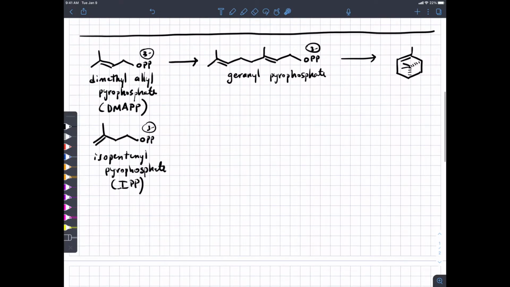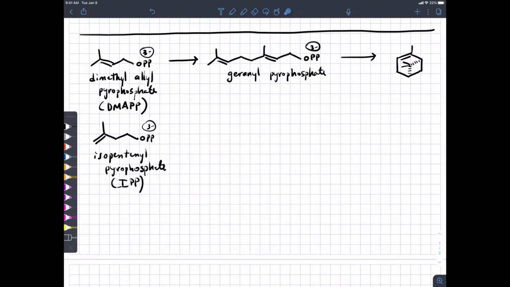So what kinds of reactions do we see along this reaction pathway? Well, let's start with dimethylallyl pyrophosphate. One of the things you could notice is you've got a good leaving group and it's on a primary carbon, but that's not just any primary carbon, it is an allyl carbon.